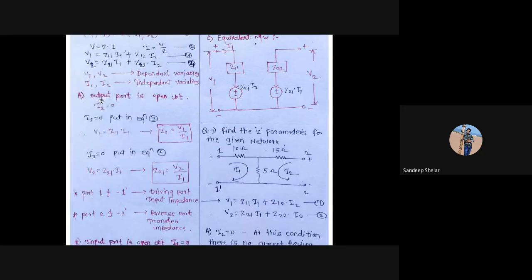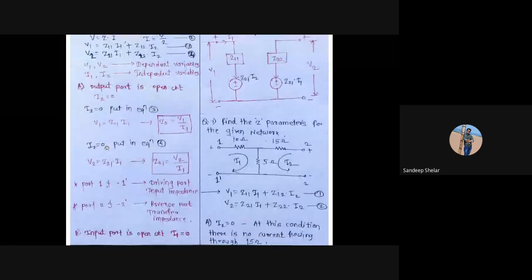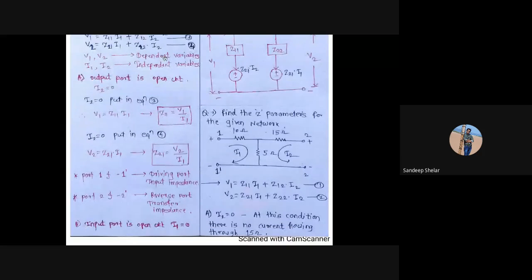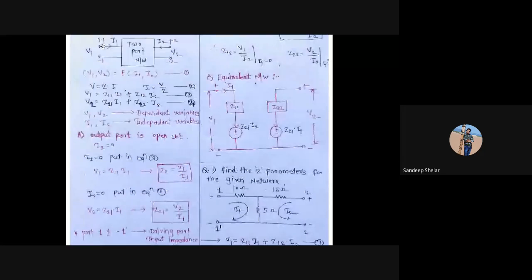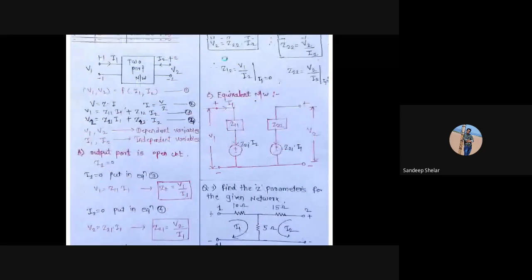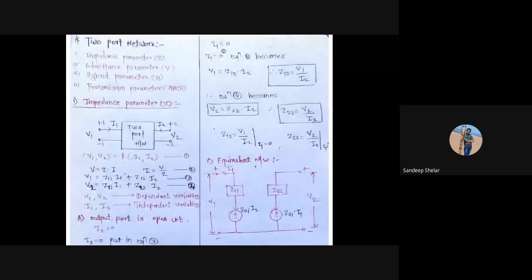Here the output port is open circuit, and we obtain voltages V1 and V2 because voltage depends on the current. The second condition is the input port open circuit, that is I1 equals 0. Putting I1 equal to 0 in equation number 3, V1 equals Z12 into I2, so Z12 equals V1 upon I2.